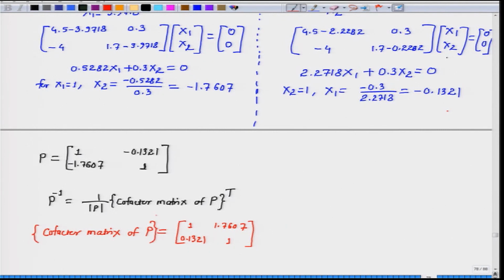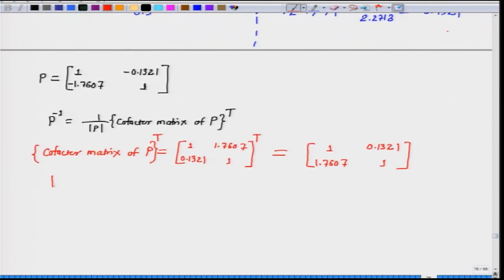So, the cofactor matrix of P, and we have to take its transpose, which means we arrange rows as columns or columns as rows. So, this comes out to be 1.7607, 0.1321 and 1, and we need the determinant of P. This should be equal to 1 times 1 minus the product of the other two, minus minus becomes plus.